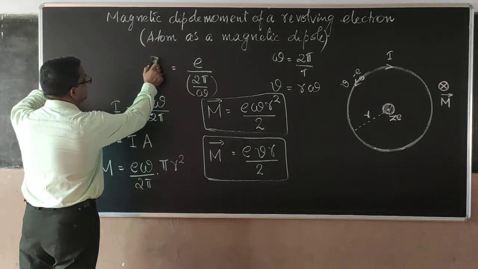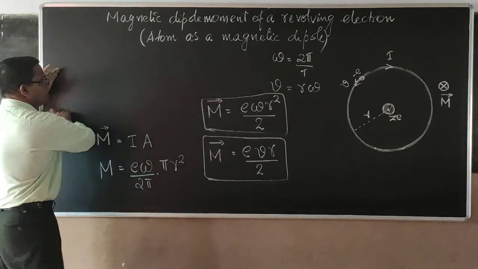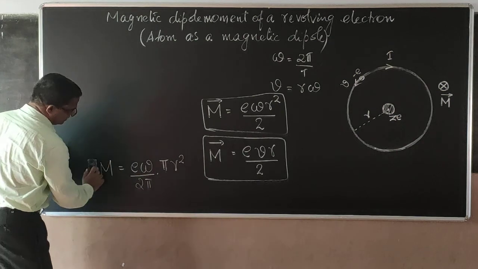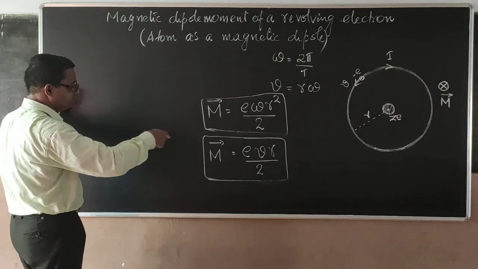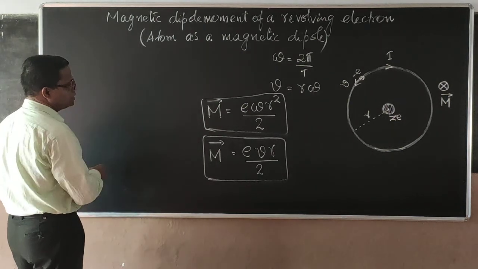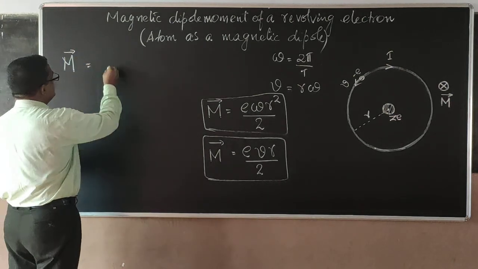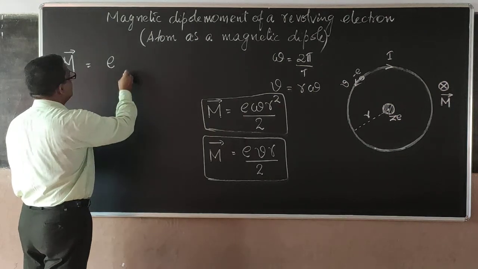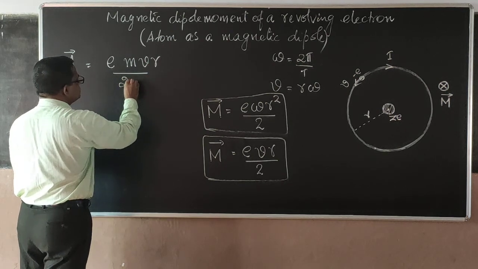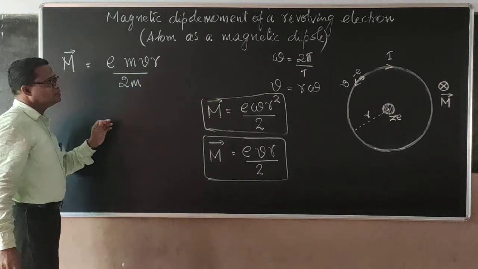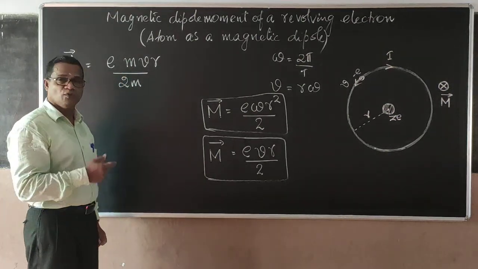So let me erase these equations and let us multiply this with m. You get capital M, that is equal to e into m into v into r divided by 2m, where m, small m, is the mass of the electron revolving.